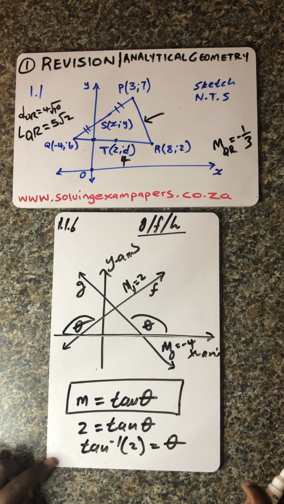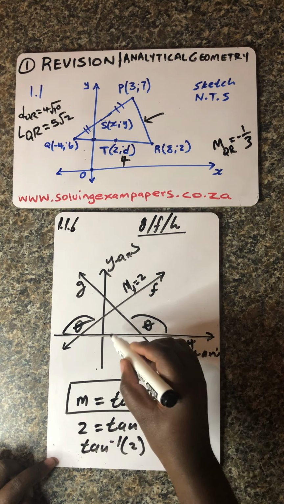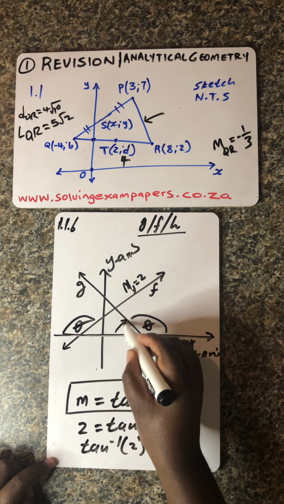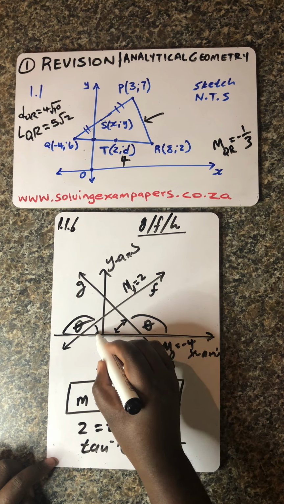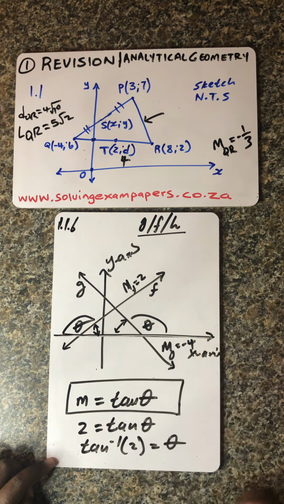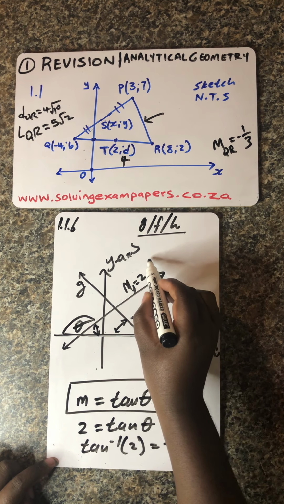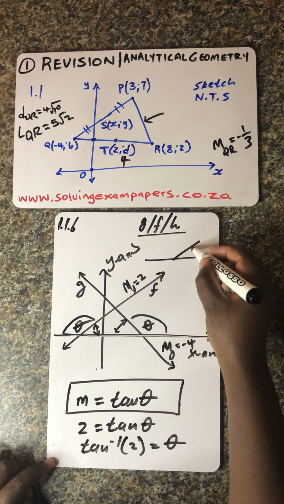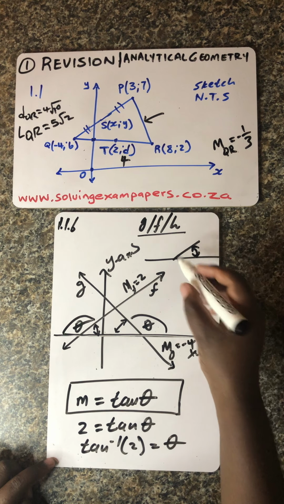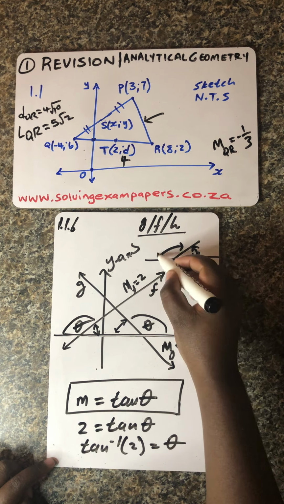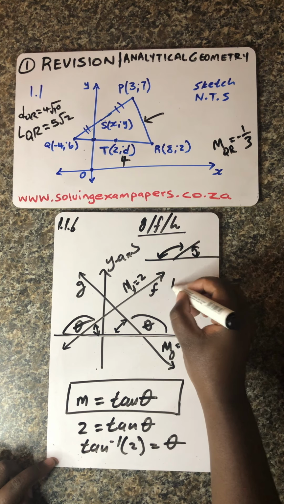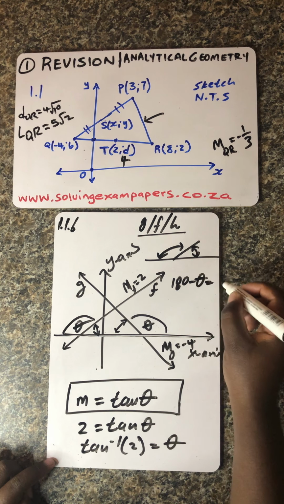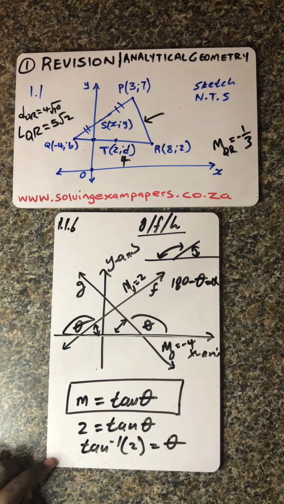And you should be careful, because sometimes you might find that you get that angle, and sometimes you might find that you get that other angle. If on your calculator you get that angle, it's just 180 minus theta, let's say, is equal to alpha.